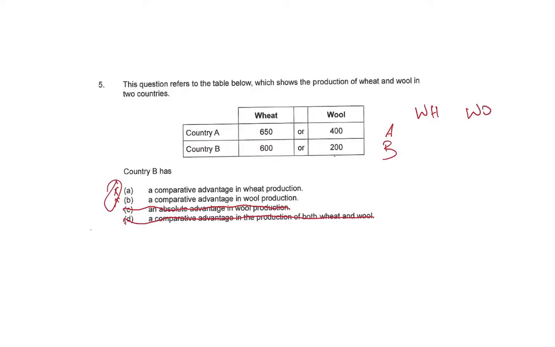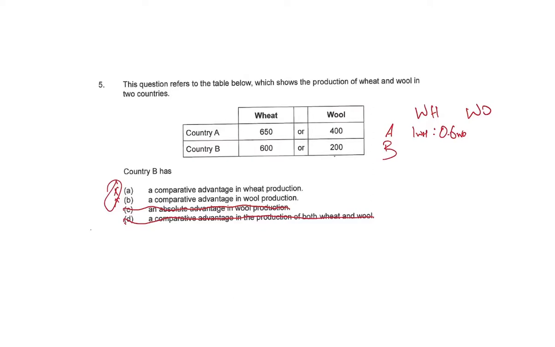I want to convert wheat into 1 unit by dividing it by itself, so 1 wheat. Now I need to do the same thing to determine our opportunity cost of wool. So I'm going to divide wool, which is 400, by 650, which will give me 0.6 units of wool. So this is telling me that for every unit of wheat that I produce, I need to give up 0.6 units of wool.